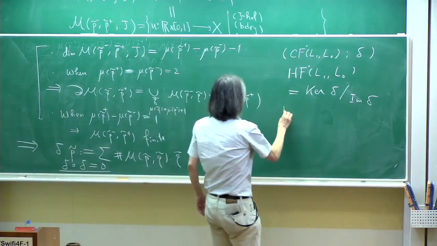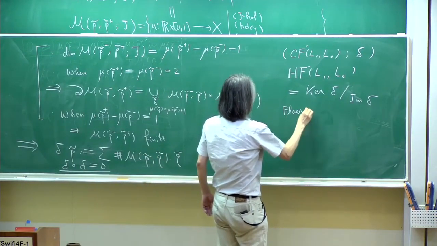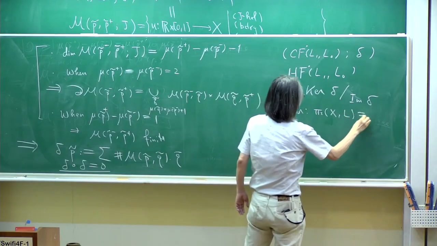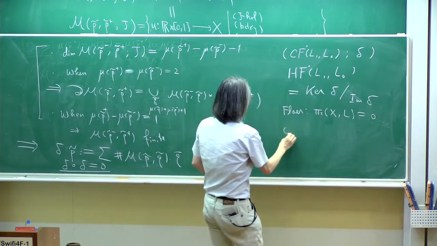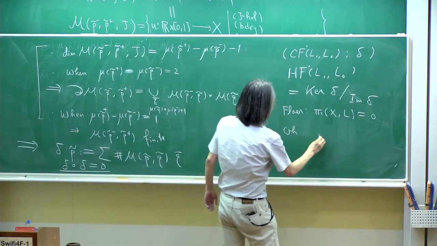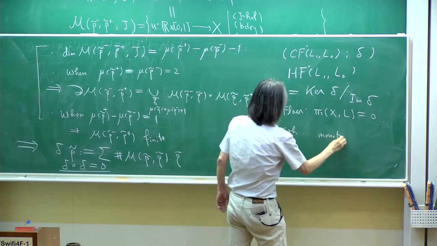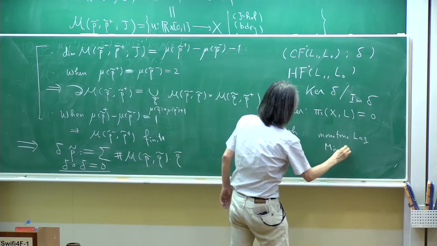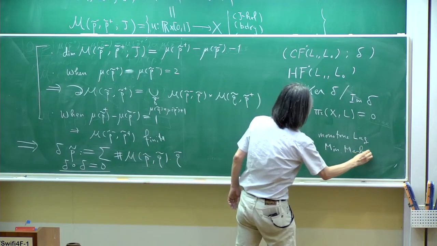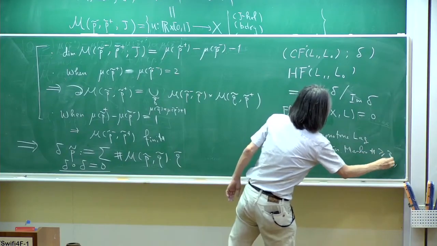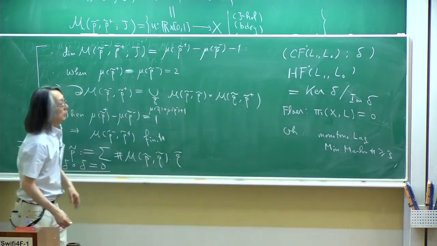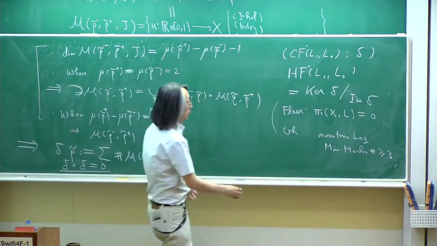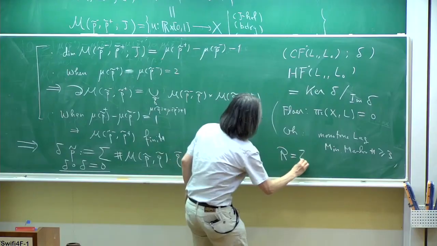What I said is, in the case of Floer, he assumes pi 2 of X, L is equal to 0. And in the other case, he considers monotone Lagrangians, and the minimal Maslov number is 3. In this case, they also consider the ground ring R to be Z over 2Z.